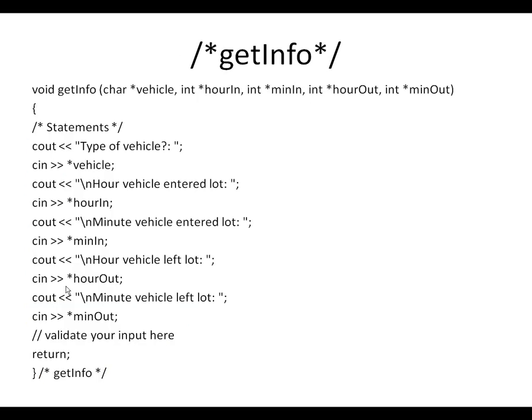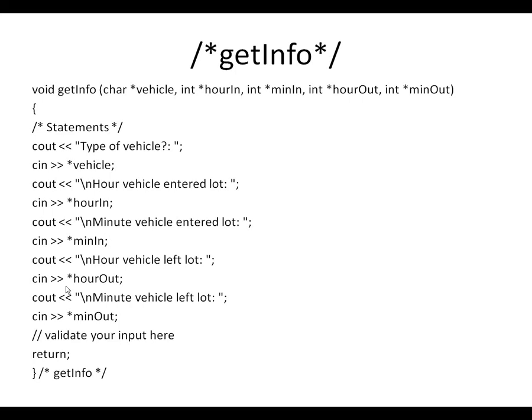Here's my get info. I have a function definition for get info, starting with void get info, and then I declare char with an asterisk, an address reference, for vehicle, int, again with an asterisk, hour in, minute in, hour out, and minute out.